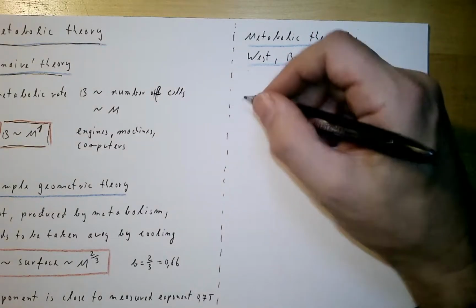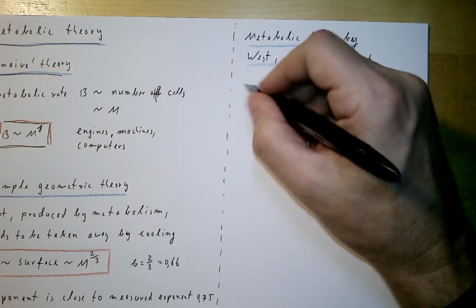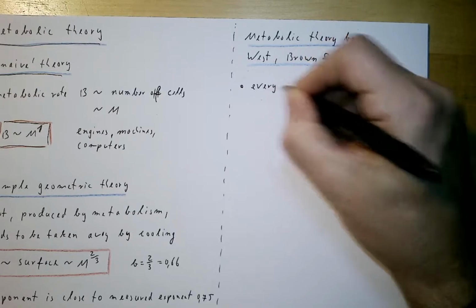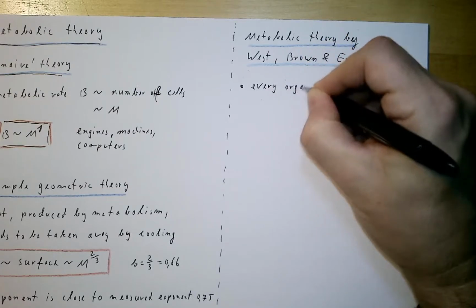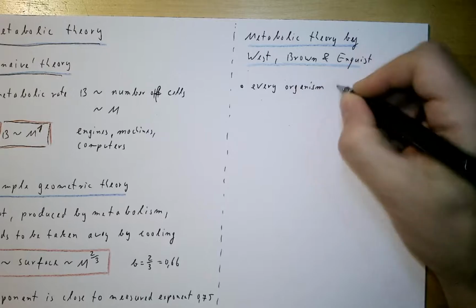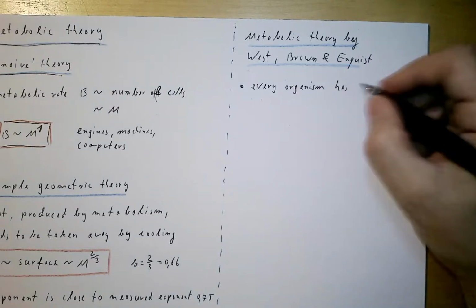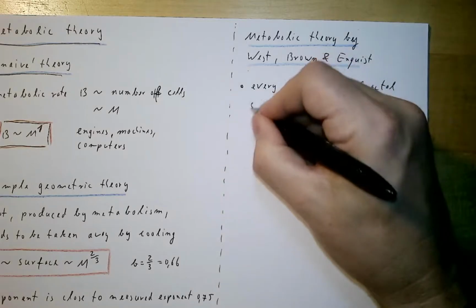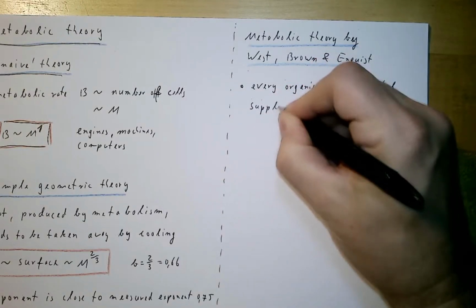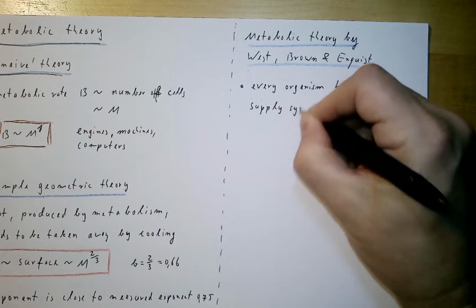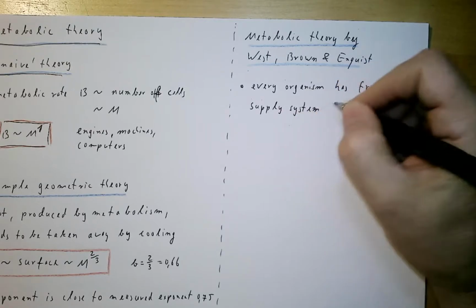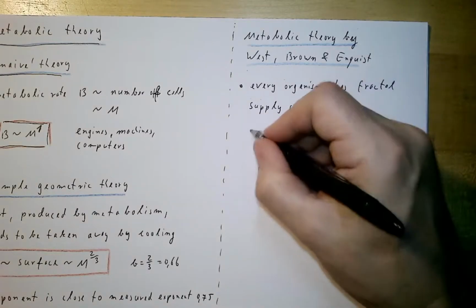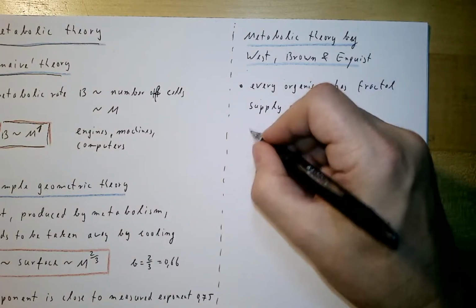So the theory says that every organism has a fractal supply system. And what would be this fractal supply system? I mean, this could be our blood vessels.